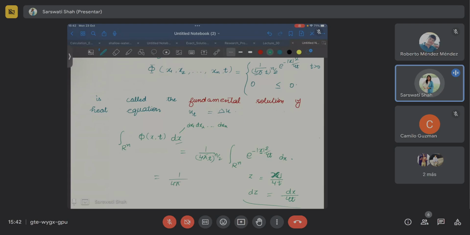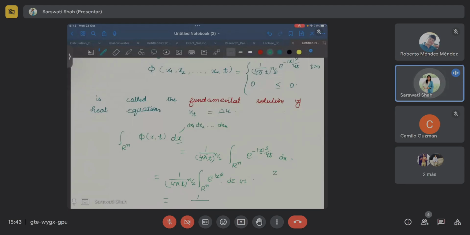Substitute this in the equation. It is going to be (4 pi t) to the power n by 2, integration over Rn of e to the power minus modulus of z squared dz, multiplied by 4t. Oh, I made a mistake.